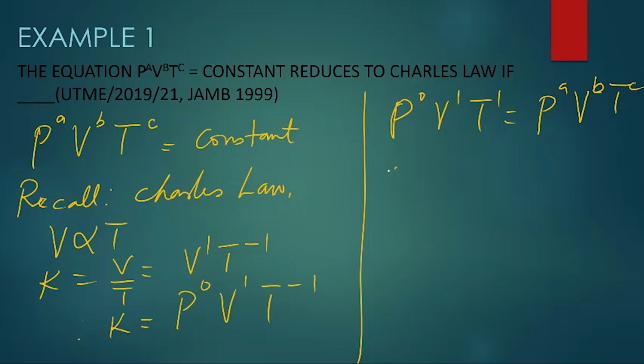Comparing both, you have a to be equals to 0, b to be equals to 1, and c to be equals to minus 1. Remember this, minus 1, not 1. So this gives you the solution to the question under Charles' law.